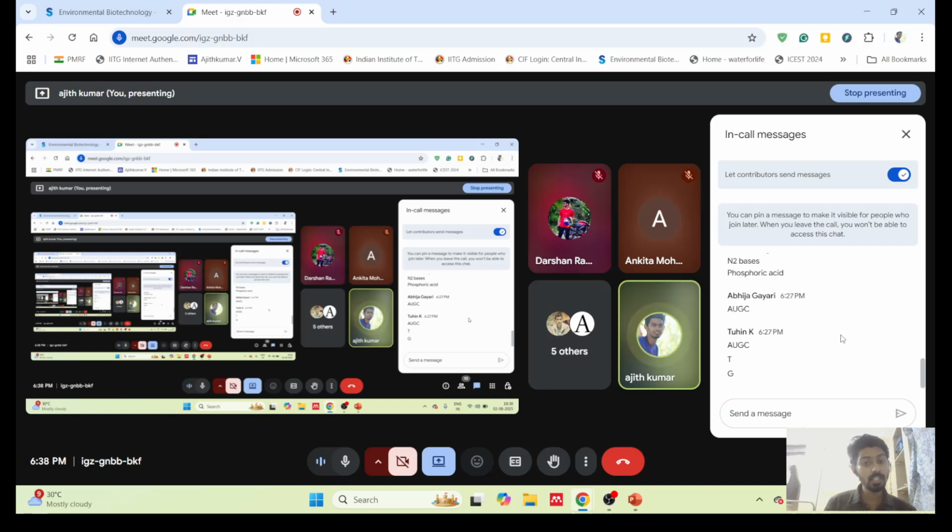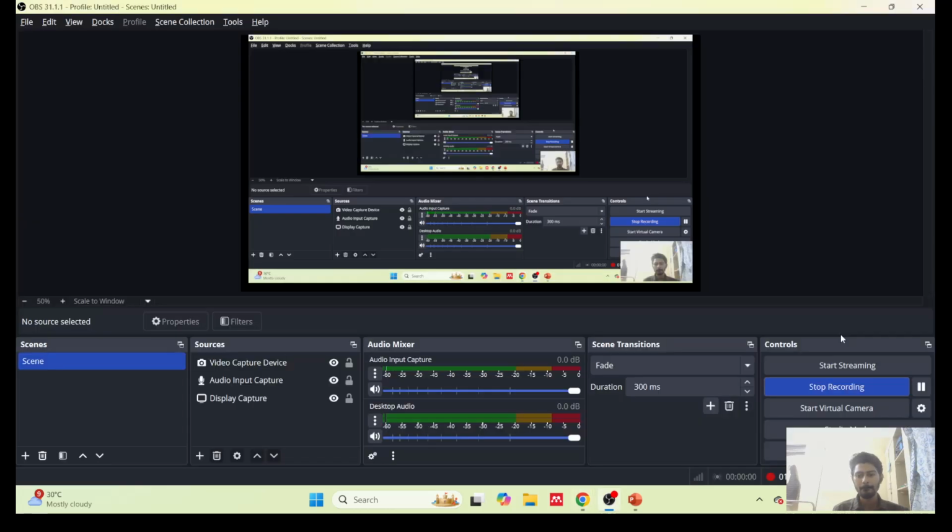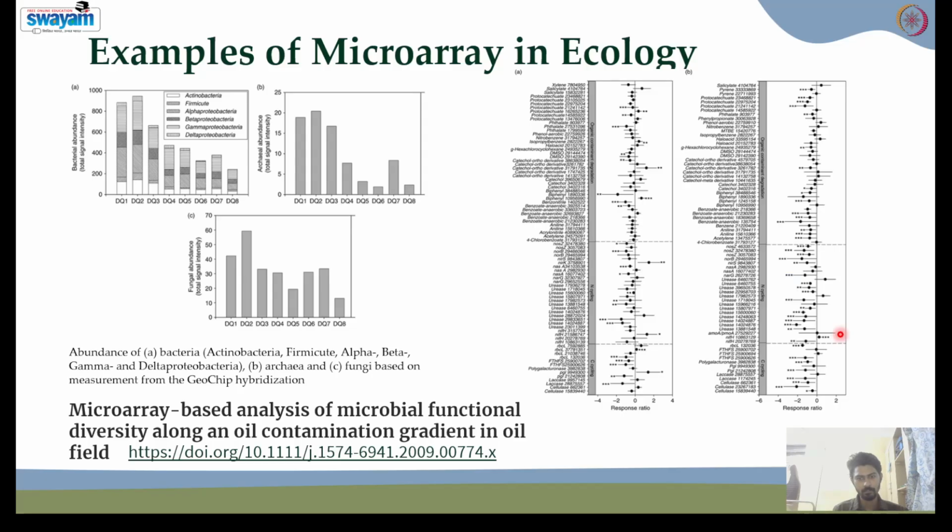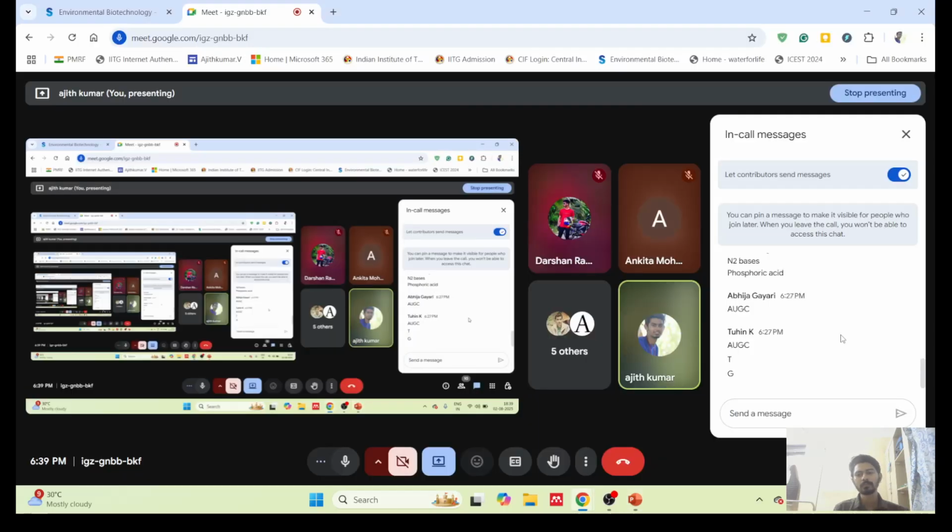Then we have seen metagenomics and the microarray techniques. These are some of the important concepts in the week 2 lecture. Do you have any doubts? Any doubts?